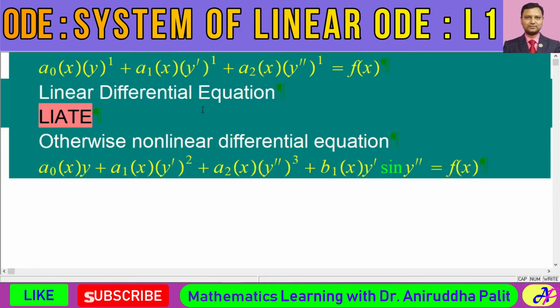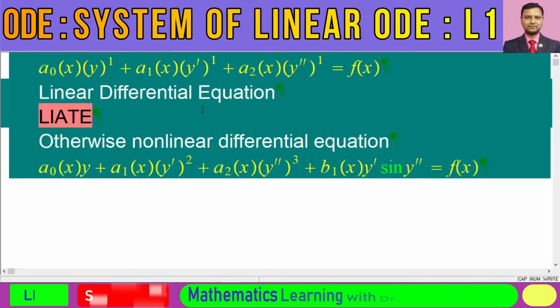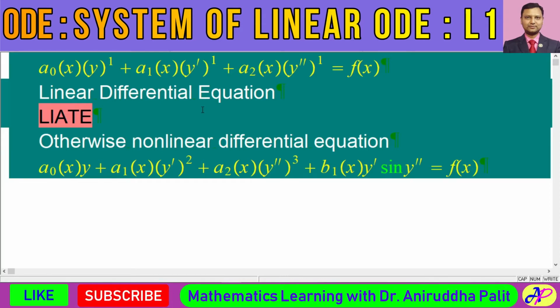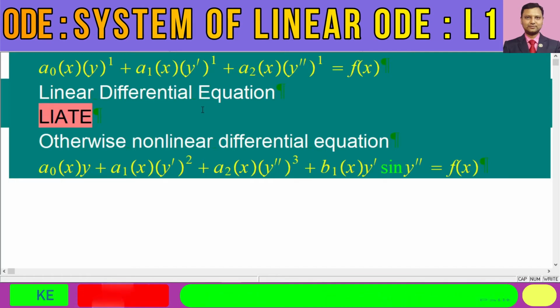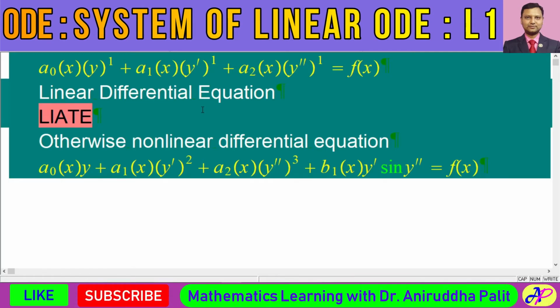That might be one of the most important problems. Or even if it is possible to find the solution of a differential equation, the solution process sometimes becomes very laborious, so that it is very hard to find the exact solution.